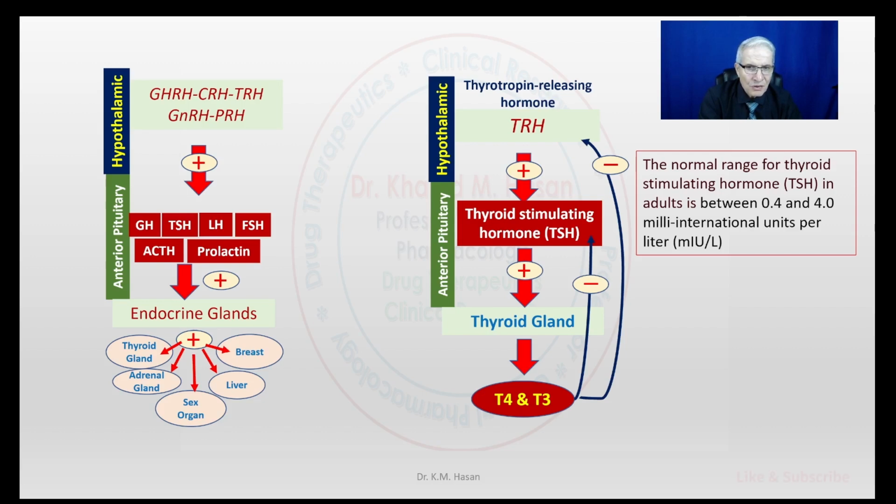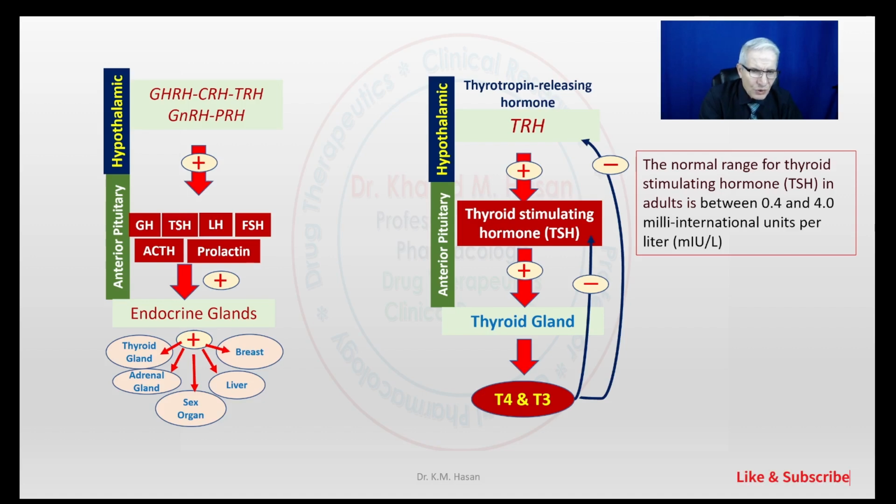The TRH stimulates the synthesis and release of thyroid stimulating hormone, an anterior pituitary hormone. This TSH stimulates the thyroid gland to synthesize and release T4 and T3, where T4 stands for thyroxine and T3 stands for triiodothyronine.